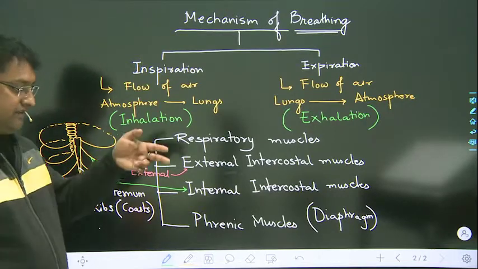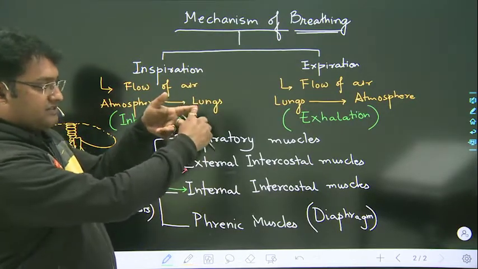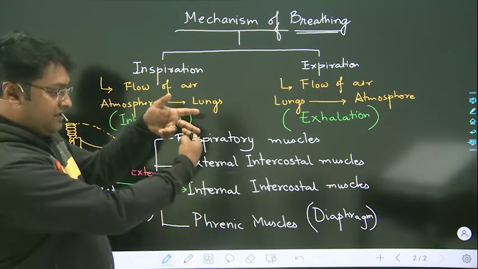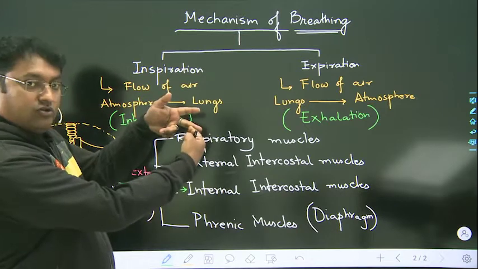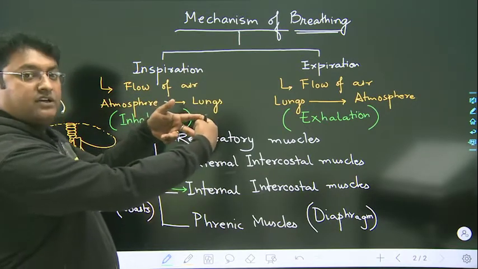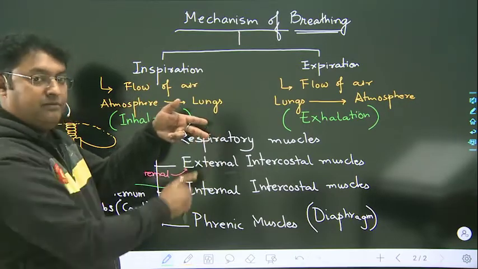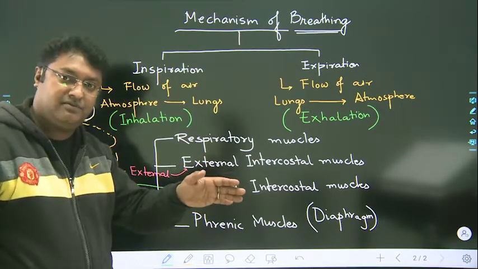Clear? So if I say this is one rib, this is another rib, all the muscles which we can see from the exterior part of the lower to the exterior part of the upper rib will be your external intercostal muscles.